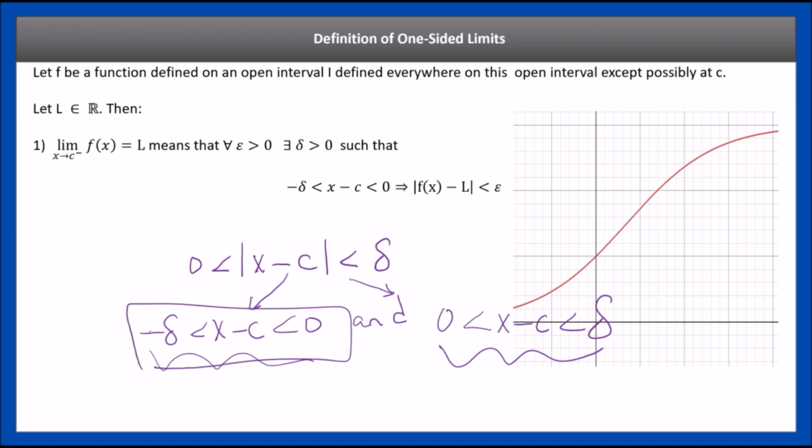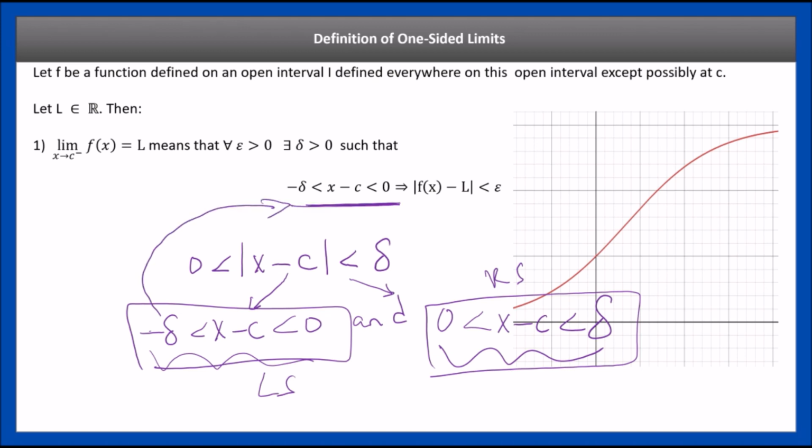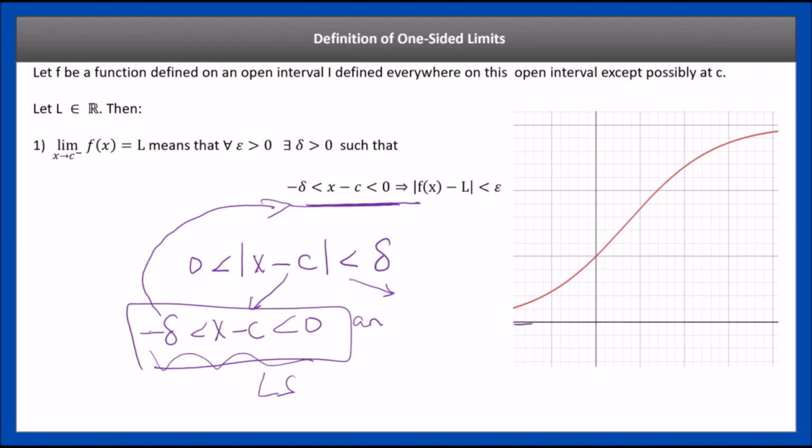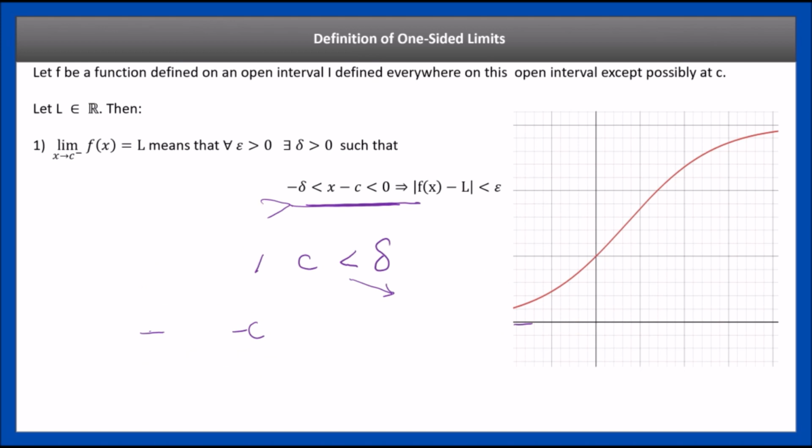This is obviously going to be the left side limit, and this is obviously going to be the right side limit, okay? So this will be the right side, this will be the left side, hence why we got this here. All right, so hopefully that makes sense. The only thing that changes here, everything else is the same, except for the fact that the supposition changes, because now we are approaching c from the left side.